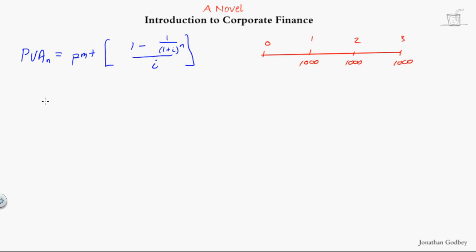Rather than having to do all three of those calculations, I can say the present value of this annuity with 3 years of life is the payment, $1,000, times 1 minus 1 over 1.10 to the third, all divided by 0.1, and that is equal to the same thing it was before, 2,486.85. Okay, so is there an easier way to do that?